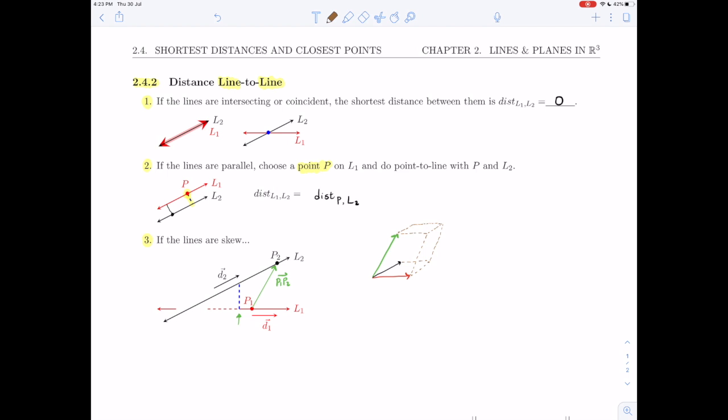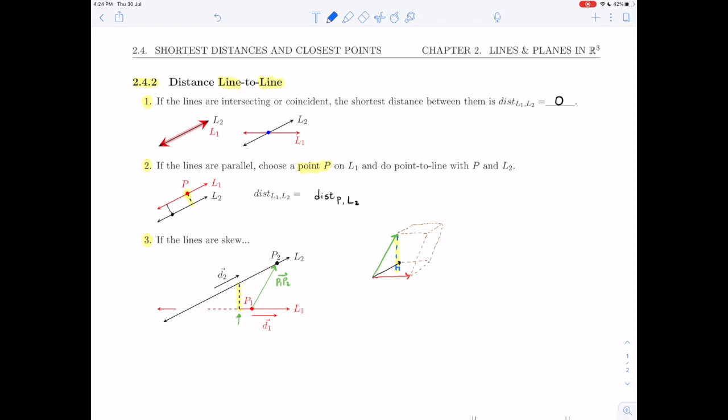And the perpendicular height of that parallelepiped turns out to be exactly the same as the distance between those skew lines.